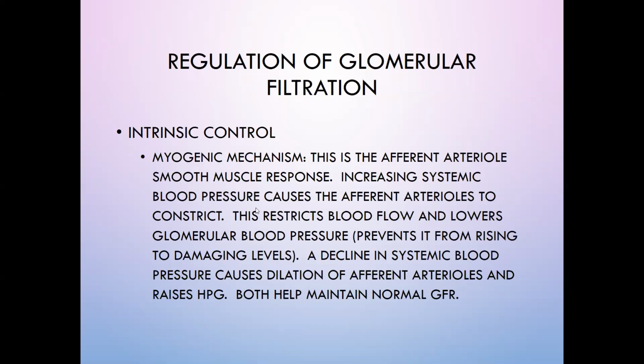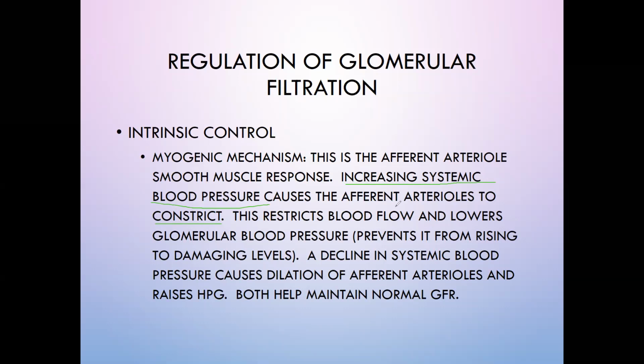Okay, so remember, increasing systemic blood pressure. So I'm going to highlight some things. When we have increasing systemic blood pressure, the afferent arterioles will constrict. So why do we want that to happen? Because you'd think, well, that's increasing the blood pressure.